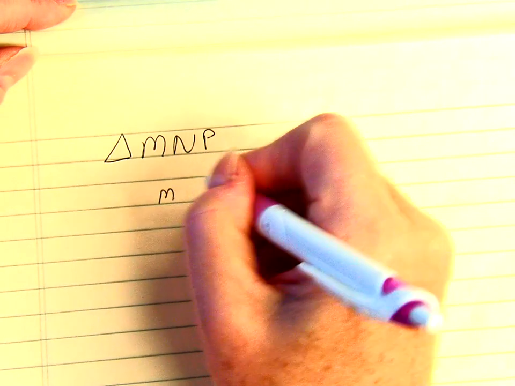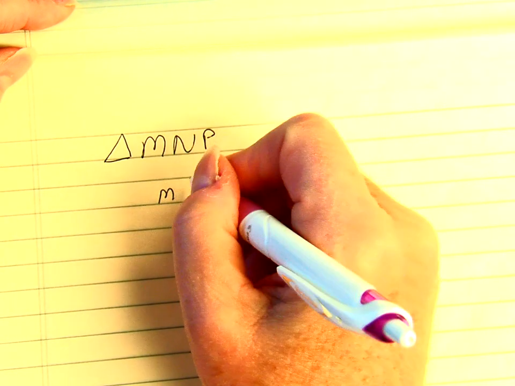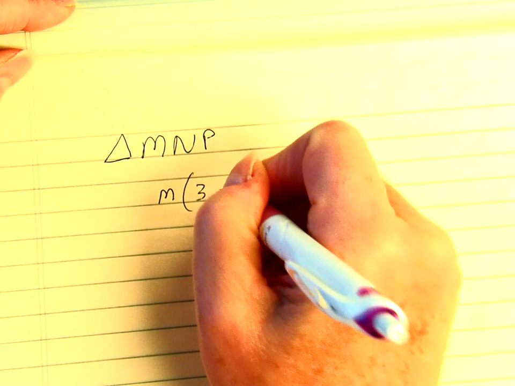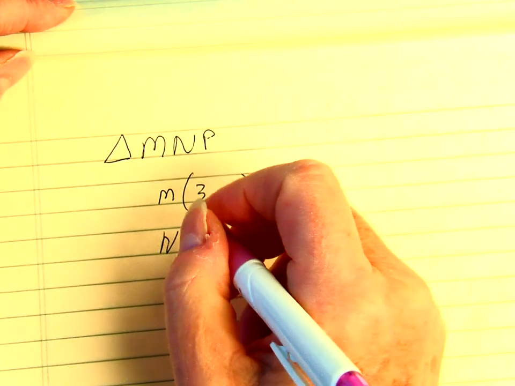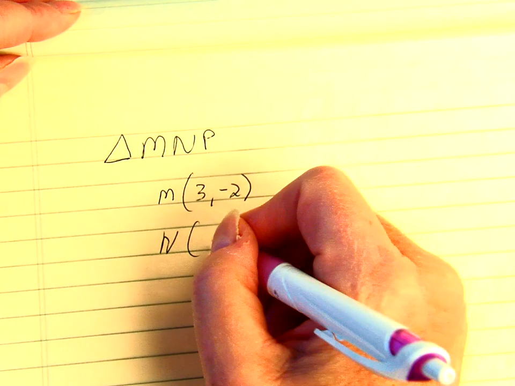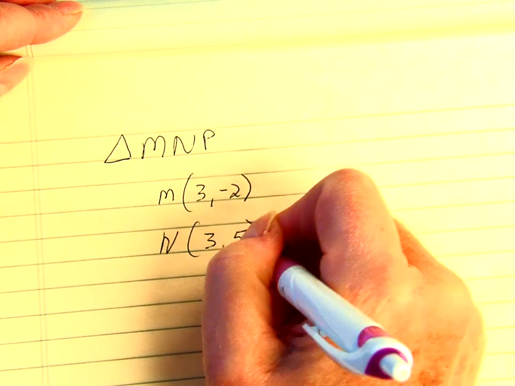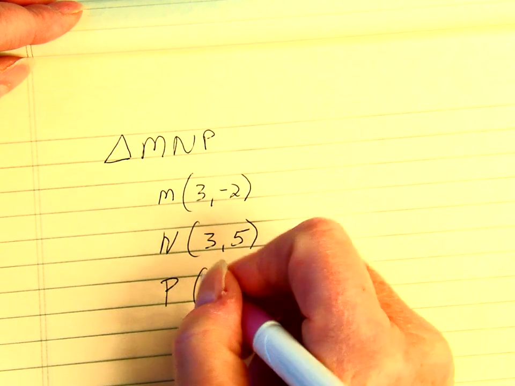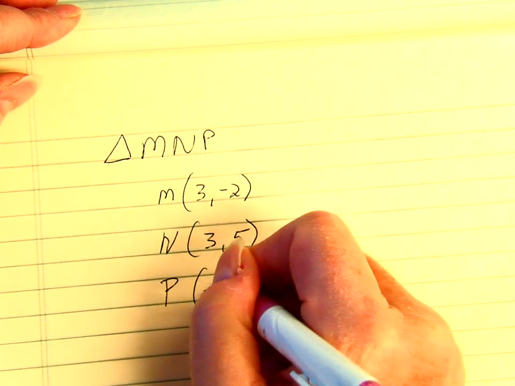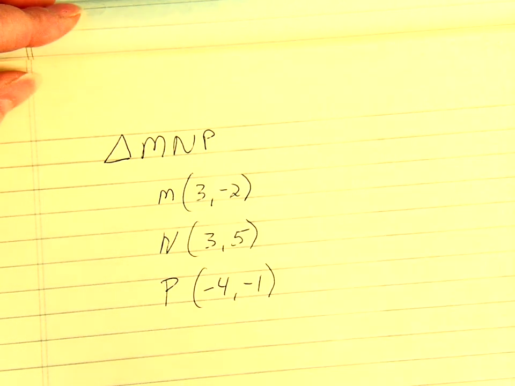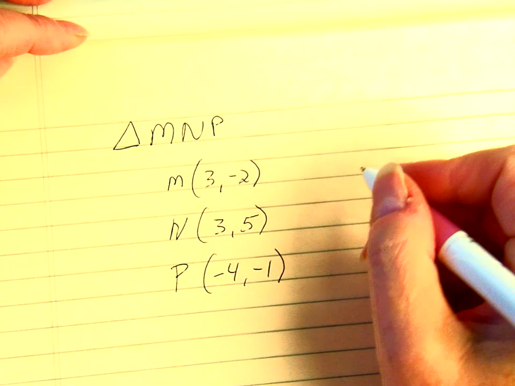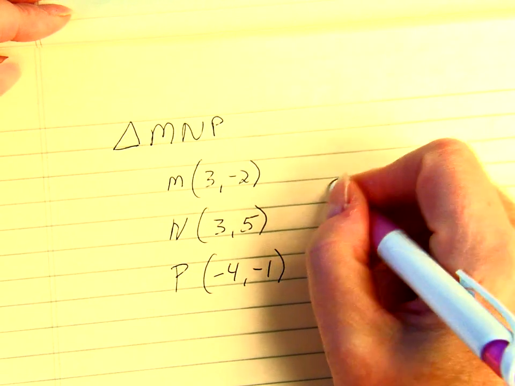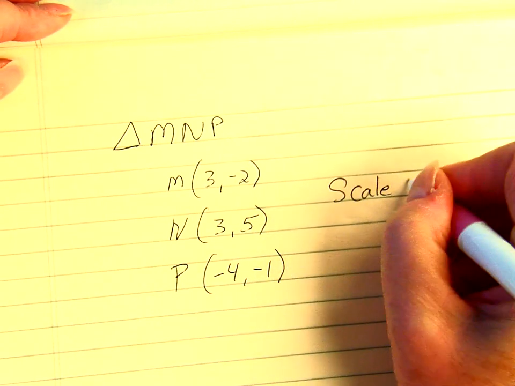It has vertices of M at 3, -2, and N, which is at 3, 5, and P, which is at -4, -1. And I have a dilation with a scale factor of 2.